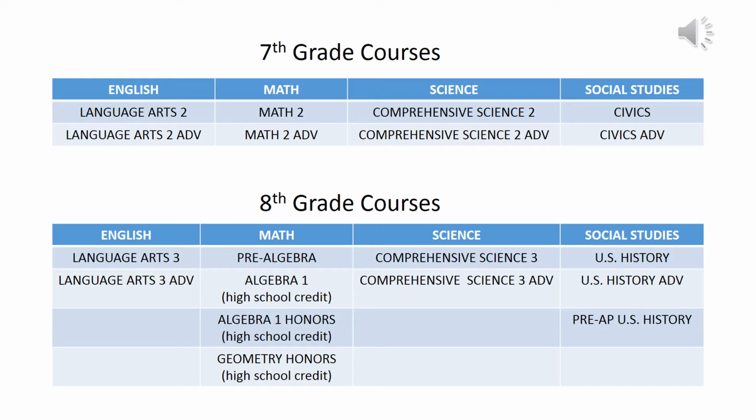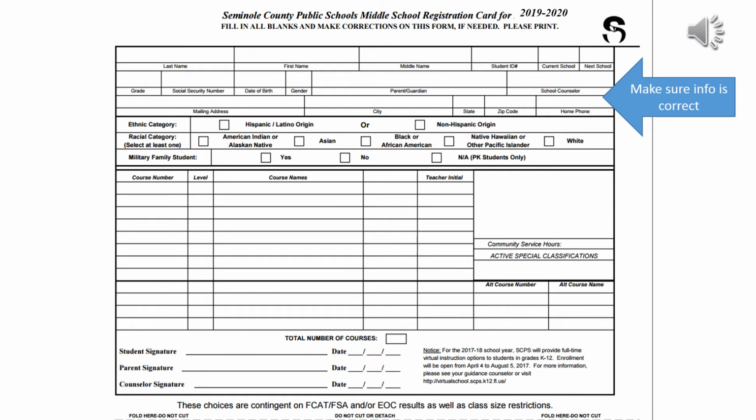Each year, all students are required to take language arts, math, science, and history. This slide details the levels of coursework available at Greenwood Lakes for each grade level. Now, let's begin filling out our registration card for next school year.